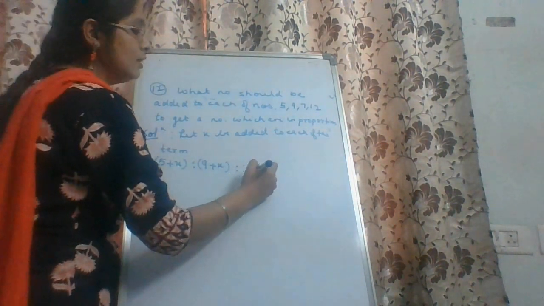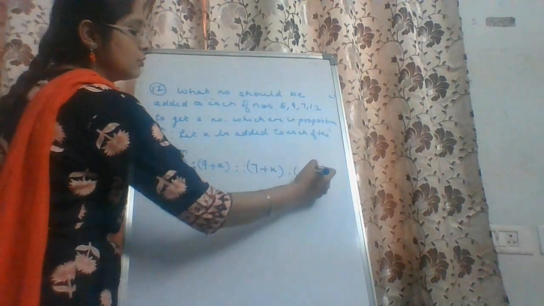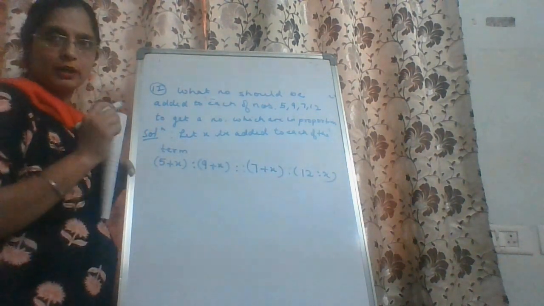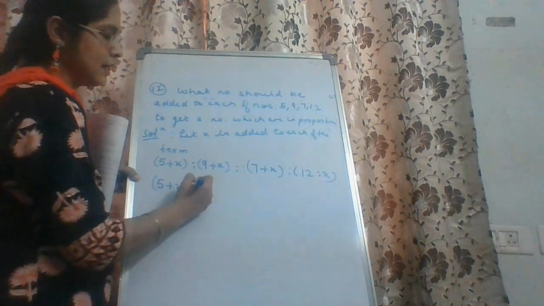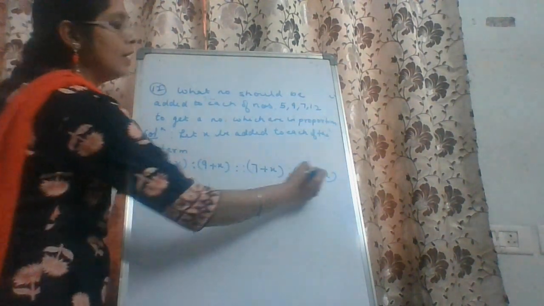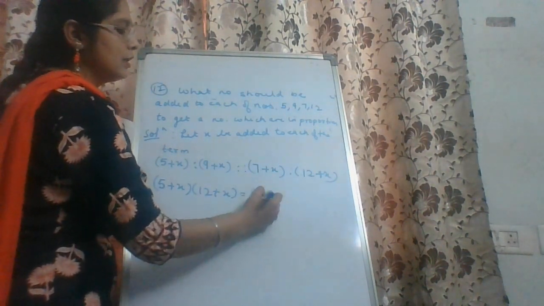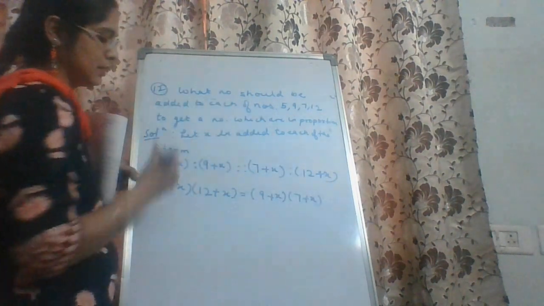So 7 plus x is to 12 plus x. Product of extremes equals product of means. According to that, 5 plus x multiplied by 12 plus x equals 9 plus x multiplied by 7 plus x.